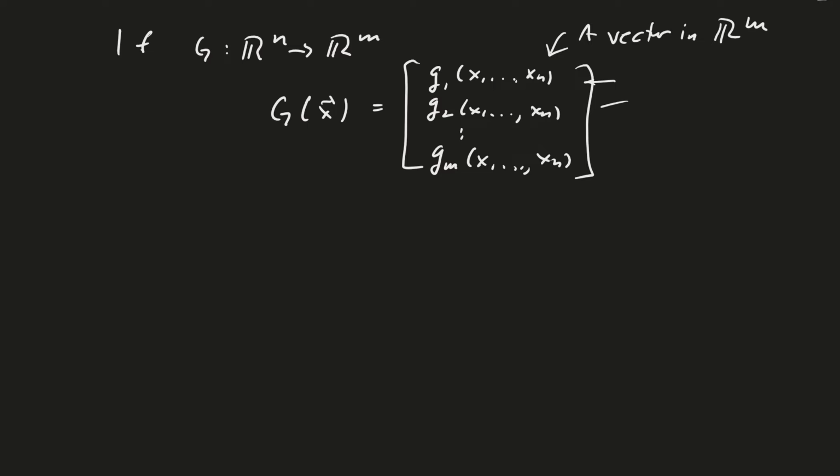And so each coordinate dimension has a function, and so we can think of linearizing each one. And so the derivative is actually going to be a matrix now. And it's called the Jacobian matrix.